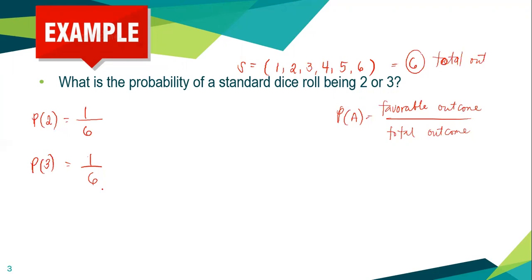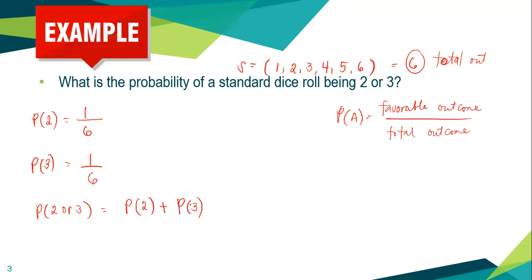There is no common outcome. Therefore, kung mutually exclusive, we have here probability of 2 or 3 is equal to probability of 2 plus probability of 3.